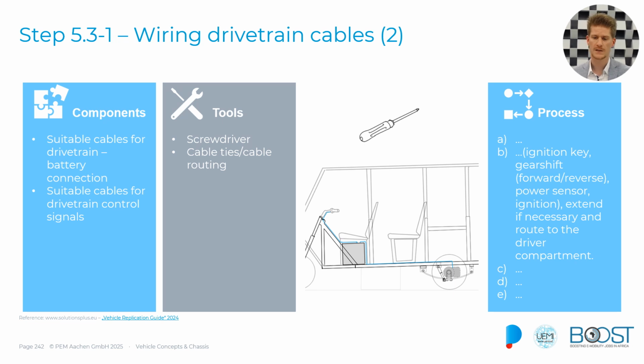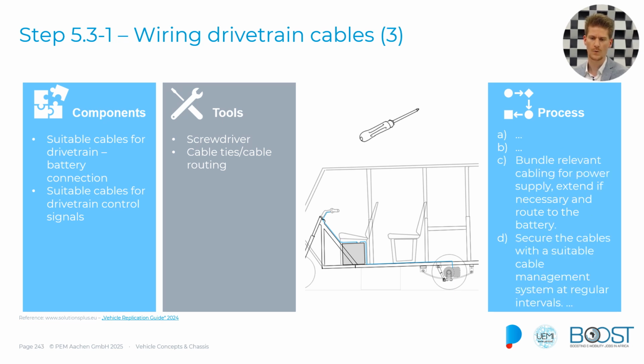Then the ignition key, gear shift forward, and things like this, the extension which is on the handlebar, need to be routed. Once this has been done, bundle all the relevant cables for the power supply and extend the routing if necessary to the battery, and secure all the cables with the cable management system.